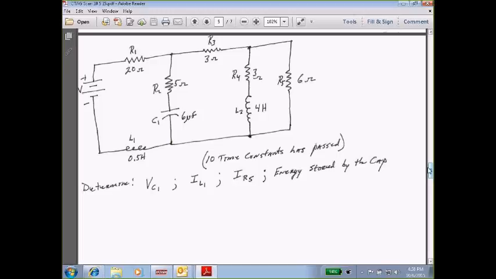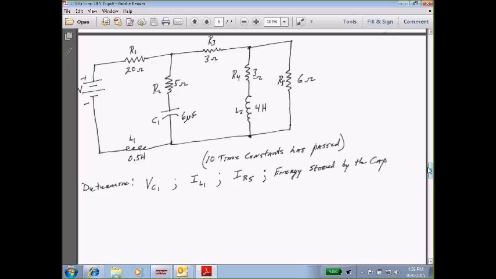We've got our source current coming into that junction, which was 2 amps. Using the current divider rule, we've got a resistance through R4 of 3 ohms and a resistance out through the rest of the branch of 6 ohms. So to find the current through R5, we put the resistance of the one we're not really looking for, so that would be 3 ohm, divided by that 3 ohm plus the resistance of the other branch, which is 6 ohm.